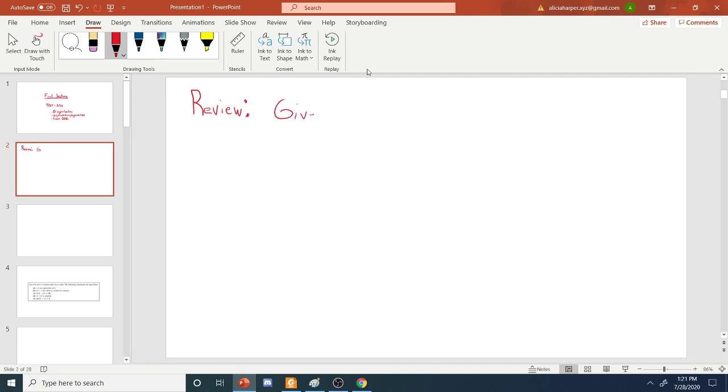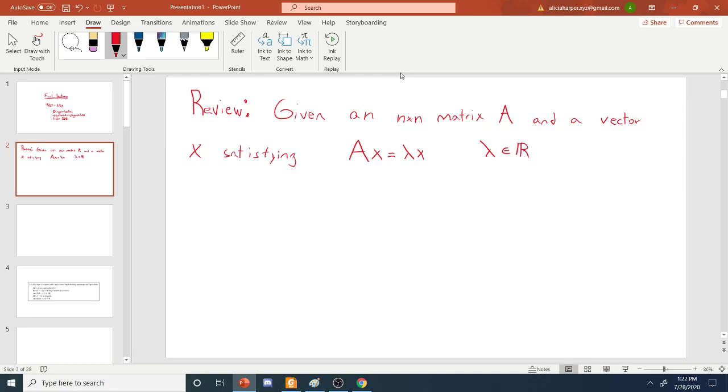Given an n by n matrix A and a vector x satisfying A times x is equal to lambda times x, where lambda is a real number, we're also going to demand that x is not the zero vector.